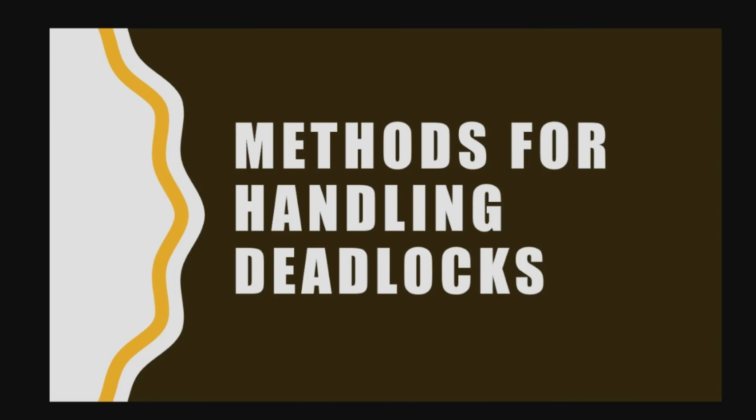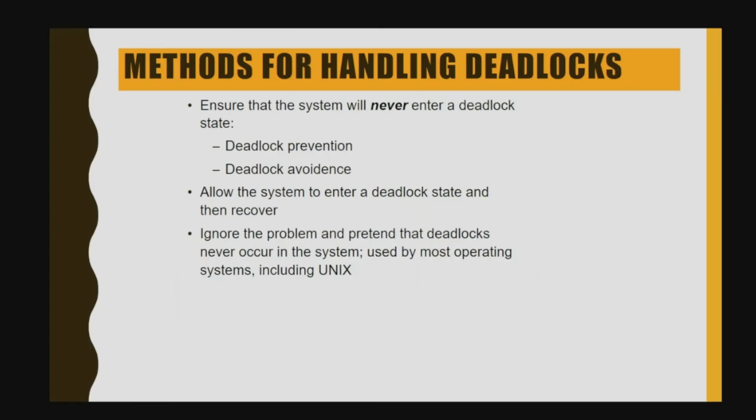So, methods for handling the deadlock. This mechanism or method is needed in order to handle the deadlock, to ensure that the system will never enter a deadlock state. That's why we try to avoid it. So we have two parts. First is prevention and the second part is avoidance.